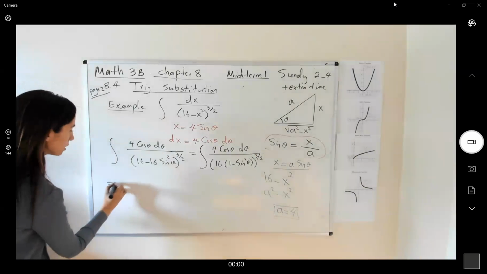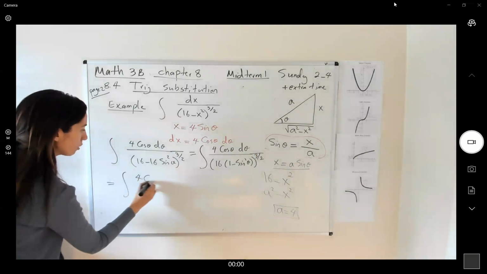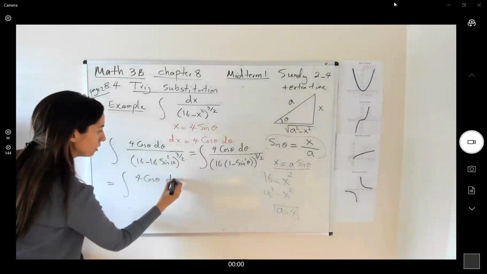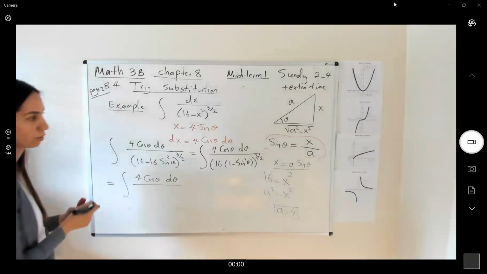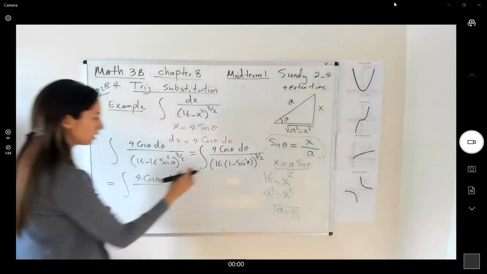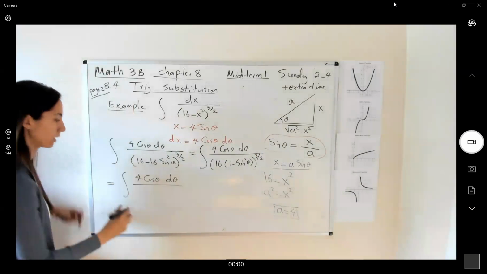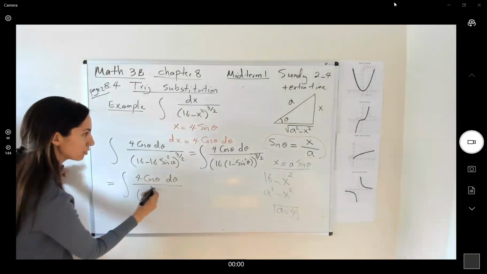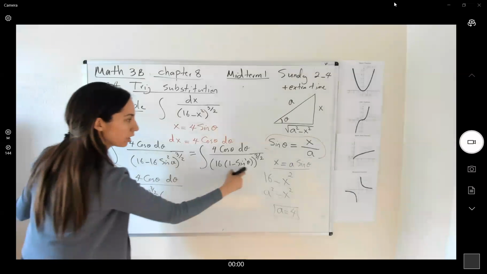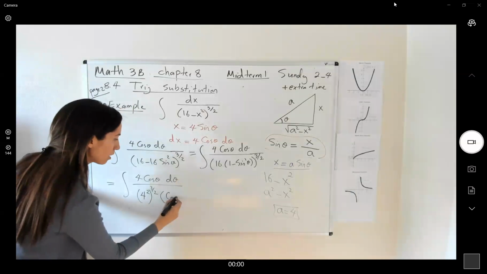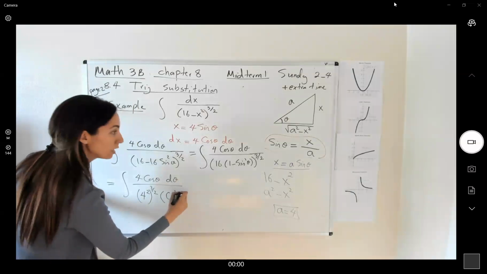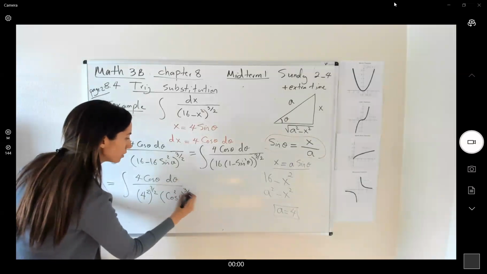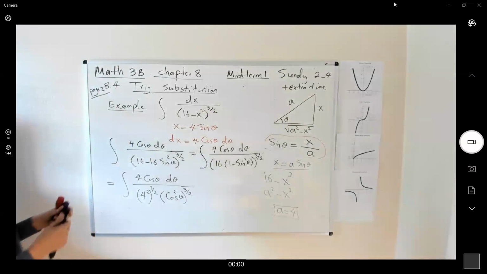This integral is equal to the integral 4 cosine theta d theta divided by, okay, 16 is nothing but 4 squared. So you get 4 squared raised to 3 halves. 1 minus sine squared is cosine squared of theta raised to 3 halves.